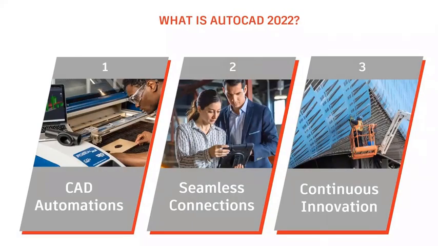Here's an overview of what we will cover a little bit more in detail. Today we are going to cover three key components of the new 22 release. First, it's cut automations. What's meant by cut automations here? We will share how the specialized toolsets speed up work by automating tasks. And second, seamless connections.